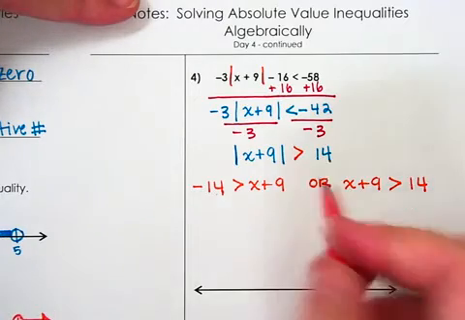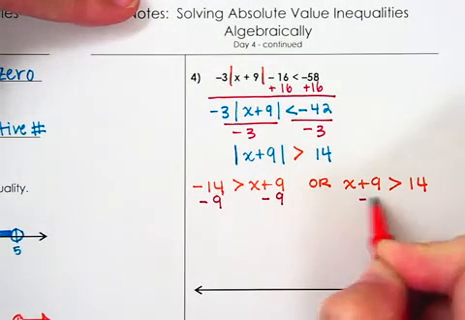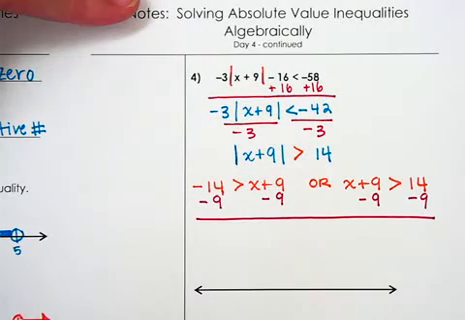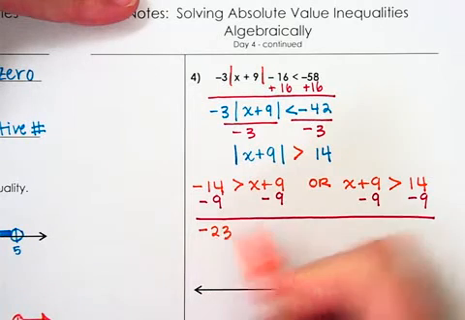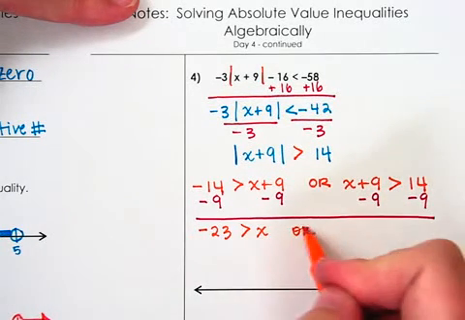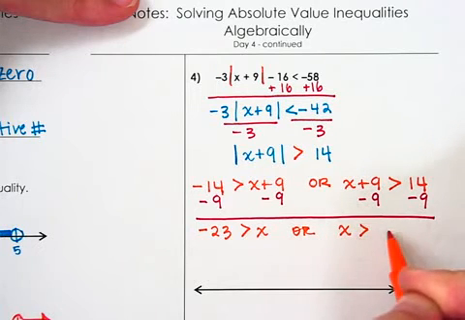Now we're going to go ahead and do our subtraction. And negative 23 is greater than x, or x is greater than positive 5.